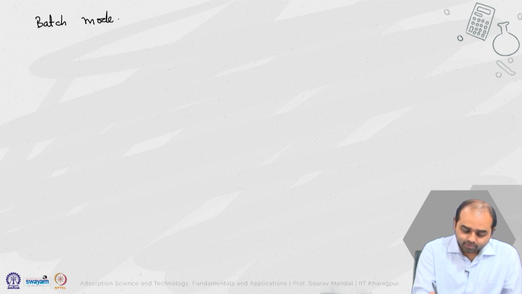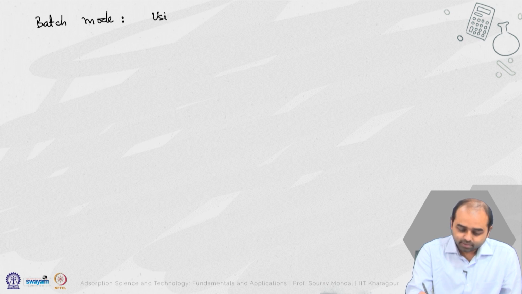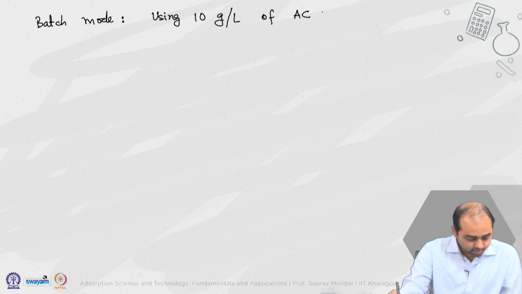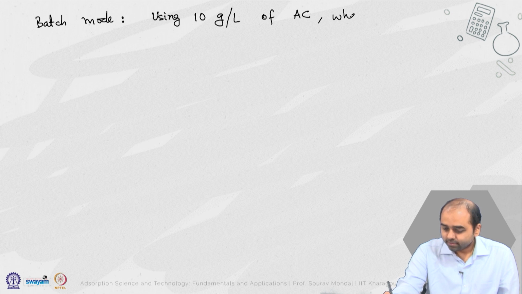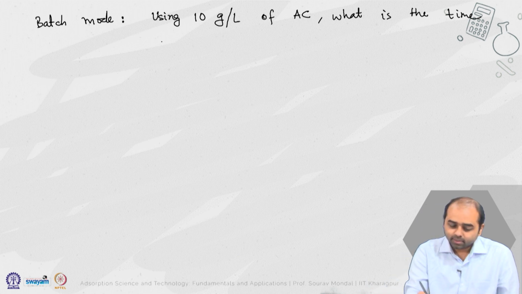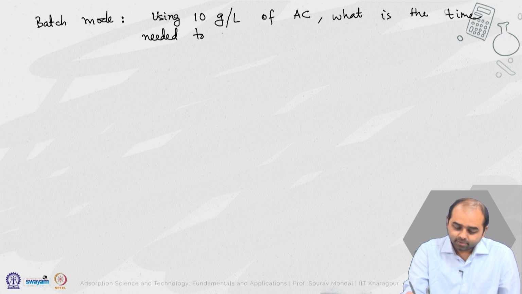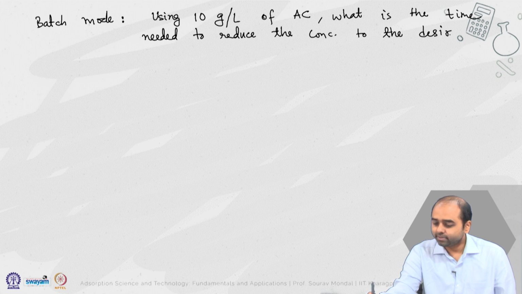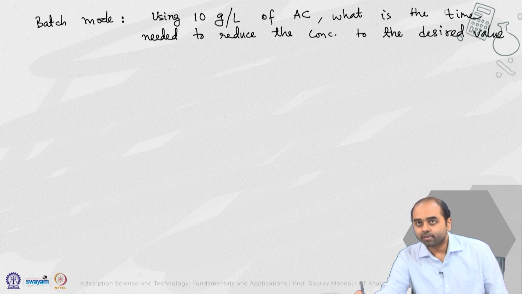The question asked is, using 10 grams per liter of activated carbon, what is the time needed to reduce the concentration to the desired value that is mentioned?